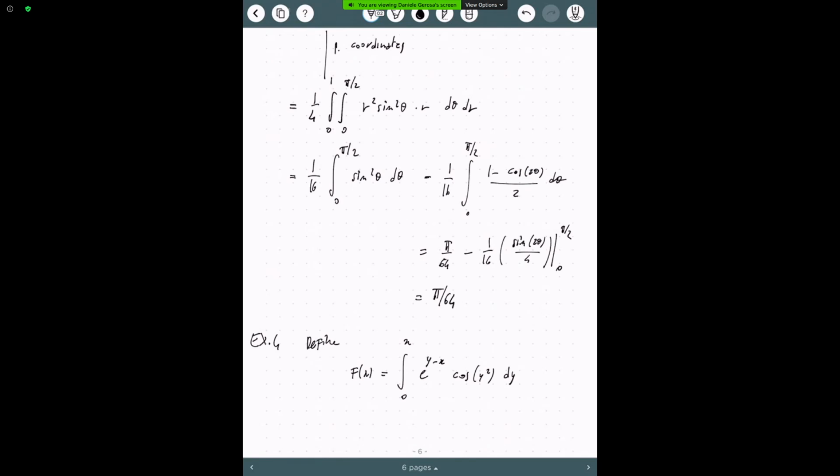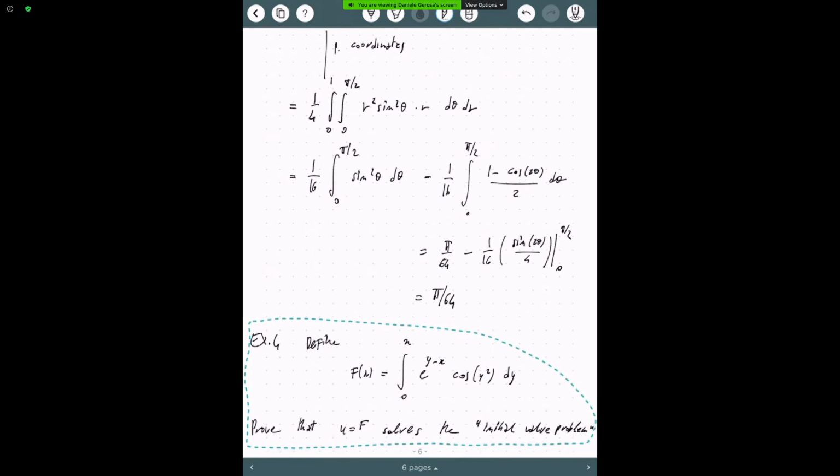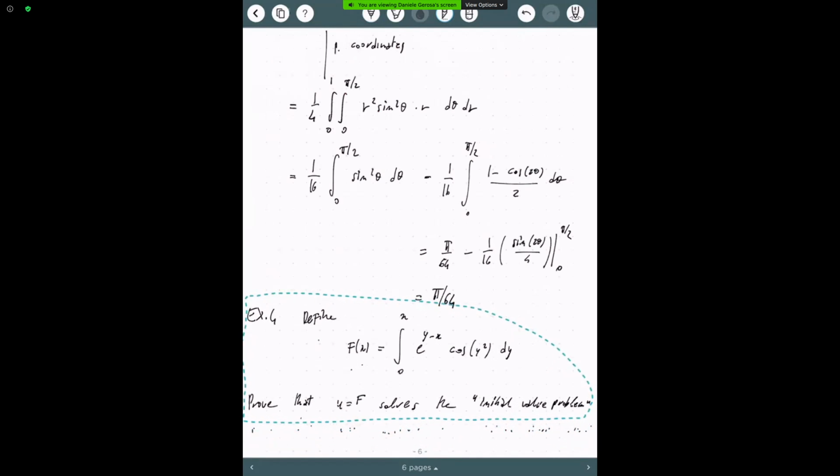And we want to prove that u equal to f solves the initial value problem.